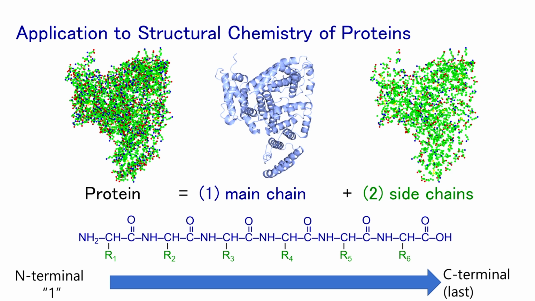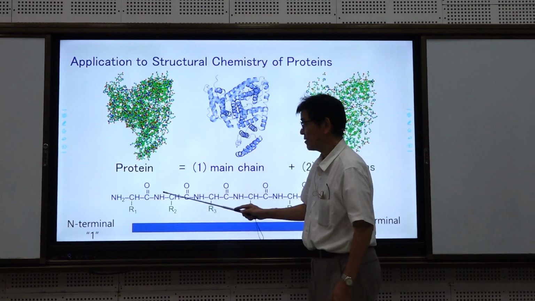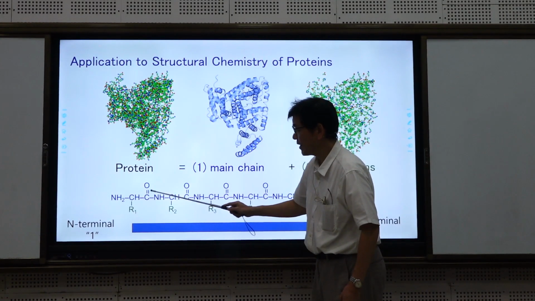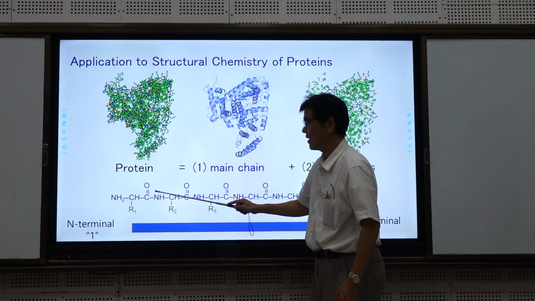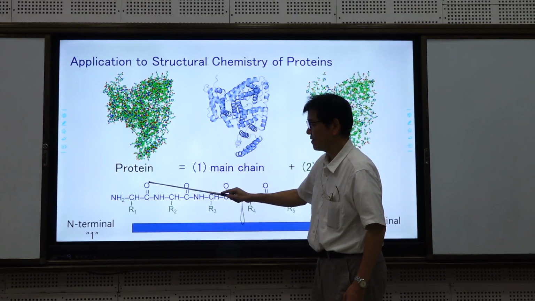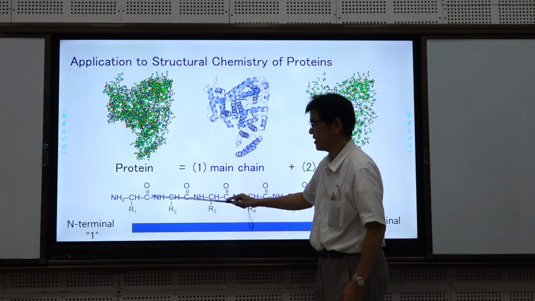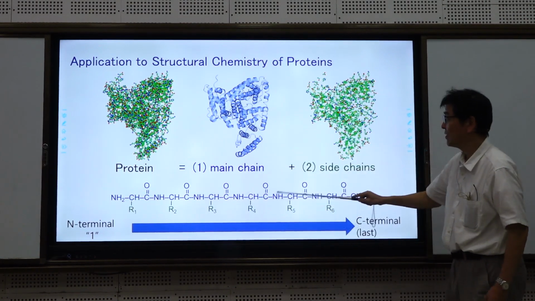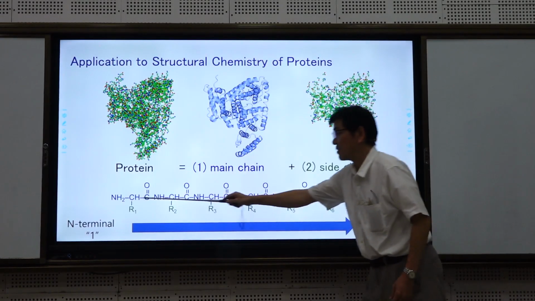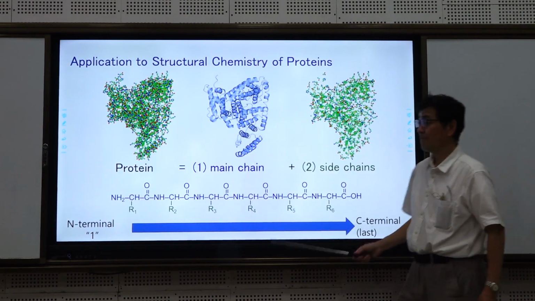The protein is a polymer that consists of units of amino acid. NH2CHRCOOH is the amino acid, and COOH and NH2 combine, and H2O is removed. Then the peptide bond CONH is formed. By repeating this, it becomes a long chain polymer.